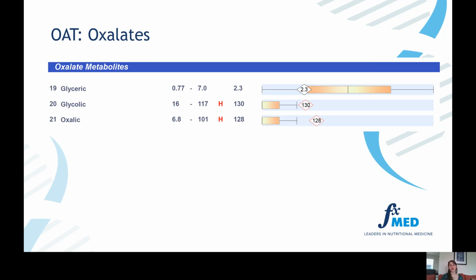And one of my favorites about the Great Plains OAT, so the OAT test that we offer comes from Great Plains Lab. This is the only test on the market that includes oxalate markers. So if you aren't familiar with oxalates, oxalates can come from a variety of sources, but if they are not able to be broken down and taken out of the body, they can have effects like joint pain, and they can store in tiny little vessels.